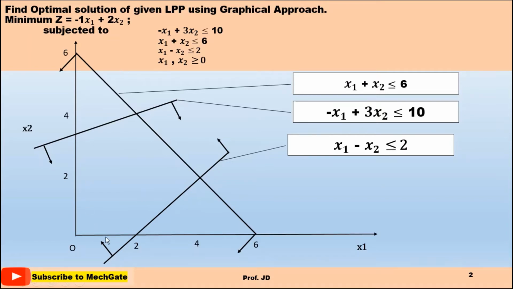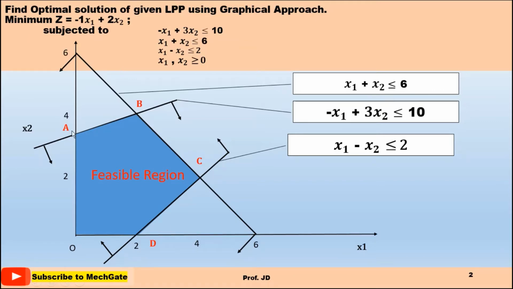So this is the closed region bounded by these 3 constraints. This is nothing but our feasible region. Now find out the corner points. These are the corner points A, B, C, D. If you draw this graph on graph paper, you can easily find the coordinates of these corner points from the graph paper itself.